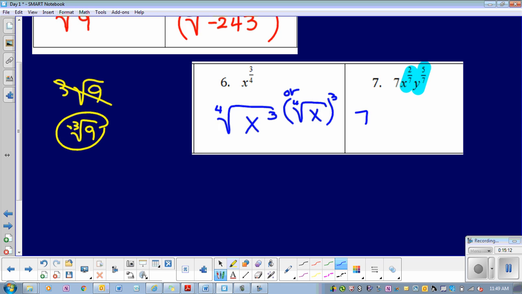And if you look at both your x and your y, do they have the same root number? Yes, right? It's the 7th root. And x has what power? 2. And y has what power? 5. So there you go. Does that make sense?